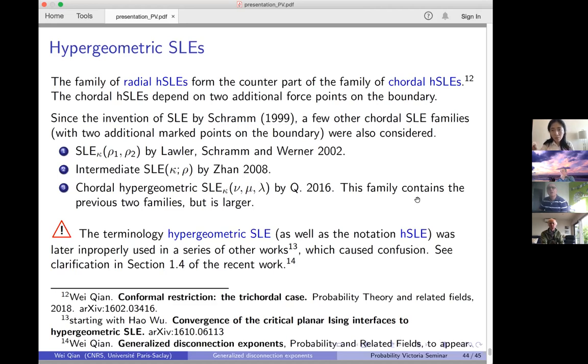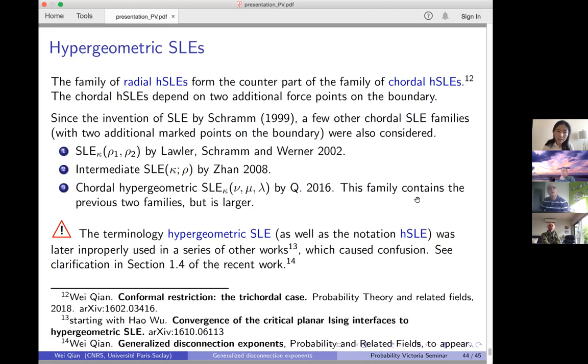So now we have the radial counterpart of the chordal case. And SLE itself was invented by Schramm in 1999. And later on, many other families were also considered.